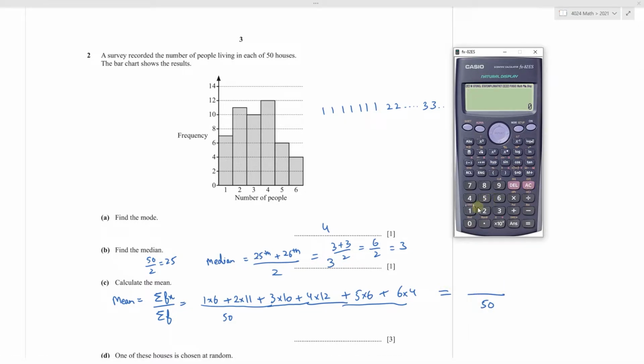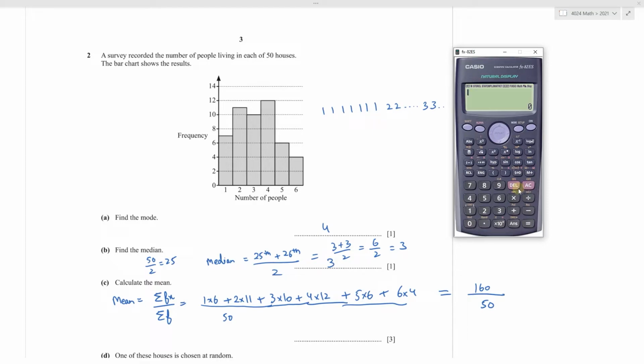Let's calculate the numerator. 6 times 1 is 6, plus 2 times 11 is 22, plus 3 times 10 is 30, plus 12 times 4 is 48, plus 6 times 5 is 30, plus 6 times 4 is 24. So this is 160. Let me make sure I got this right. 6, 2 times 11, 3, 10, 4, 12, 5 is 6, and 6 is 4.